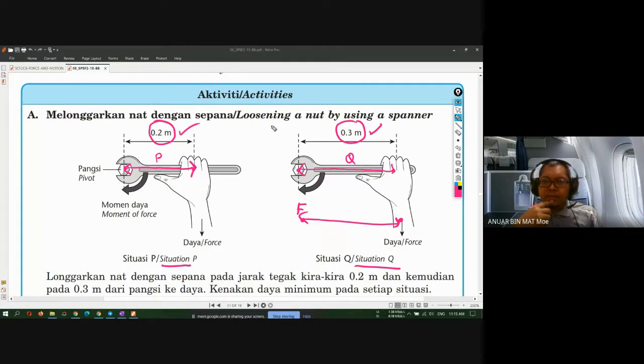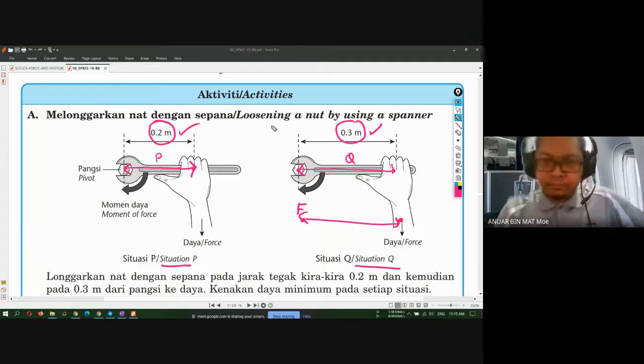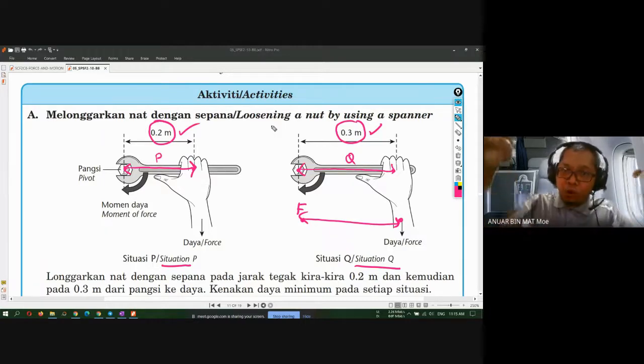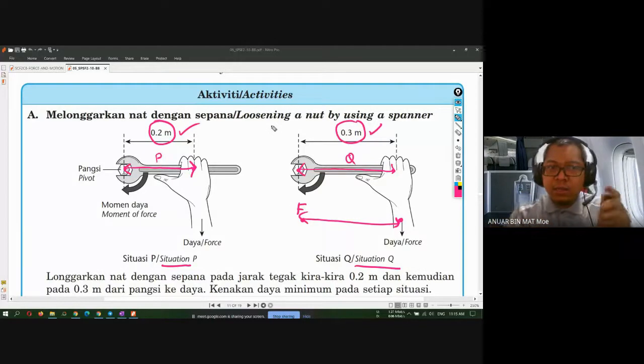P or Q, you think? Okay, correct. Yeah, the answer is Q. The longer the distance, meaning that the less effort you need to open the screw. The shorter the distance between the pivot and the effort, the more force or the more effort you need to open the screw.